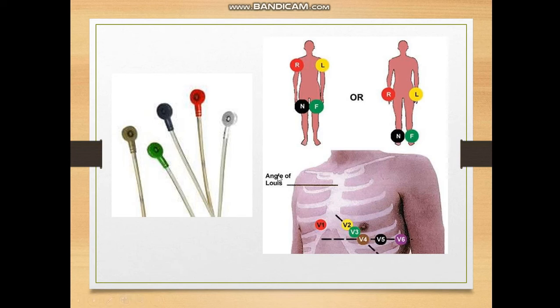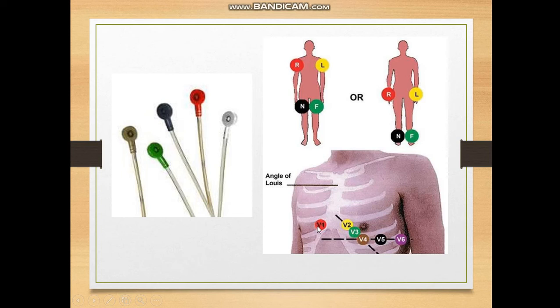And see, this is the angle of Louis, which is the landmark to place these leads, which are known as chest leads. V1 to the right side of the sternum. V2 left side, V3 left side of the sternum, V4, V5, V6. And these are the intercostal spaces which are very important.